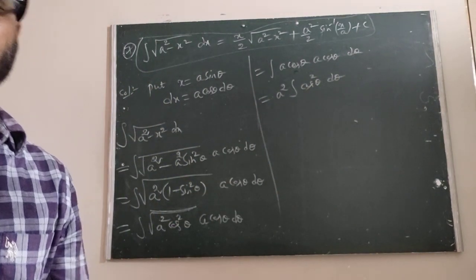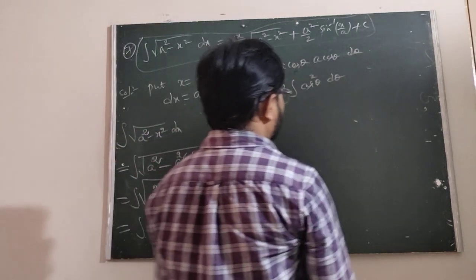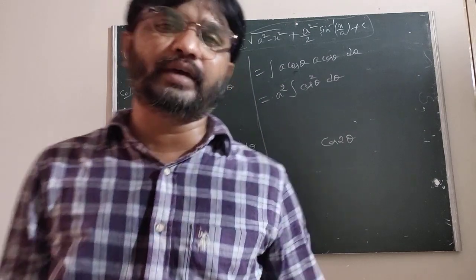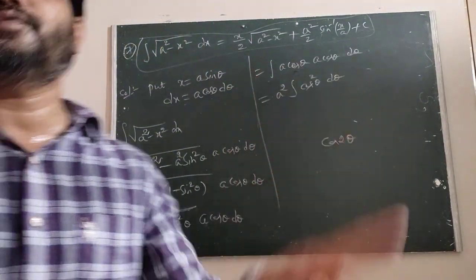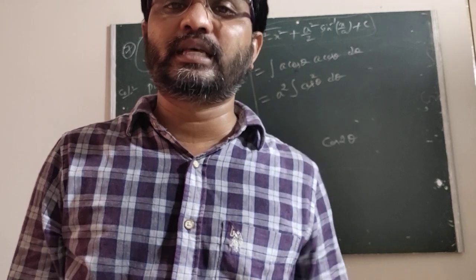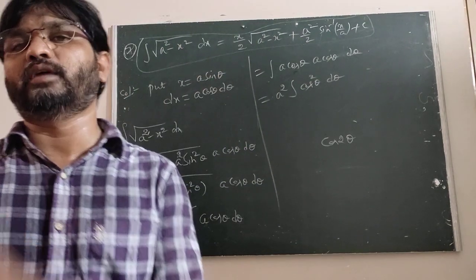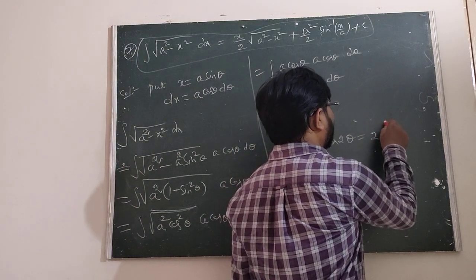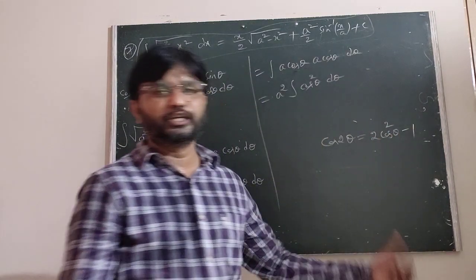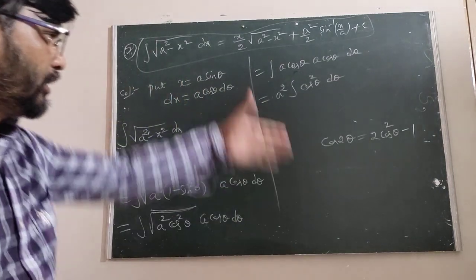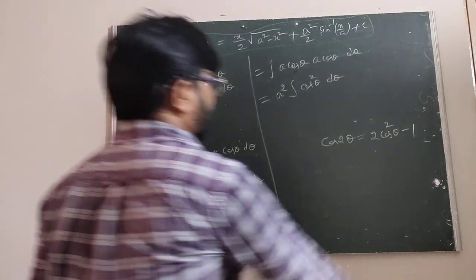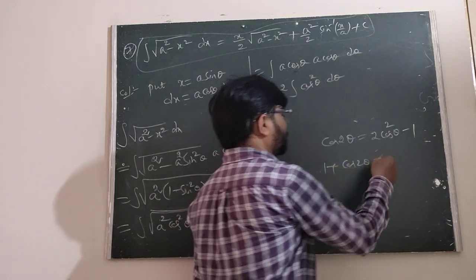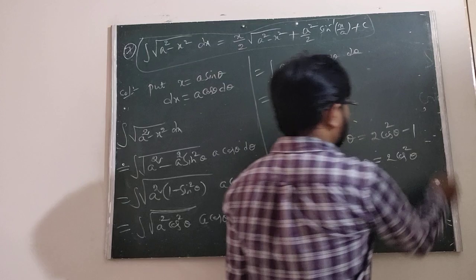We know that in first year, multiple and submultiple angles, everybody knows that cos 2a is 2 cos square a minus 1. Therefore, here cos 2 theta is 2 cos square theta minus 1. Is it okay? Minus 1 goes to the other side, plus 1. 1 plus cos 2 theta equal to 2 cos square theta.